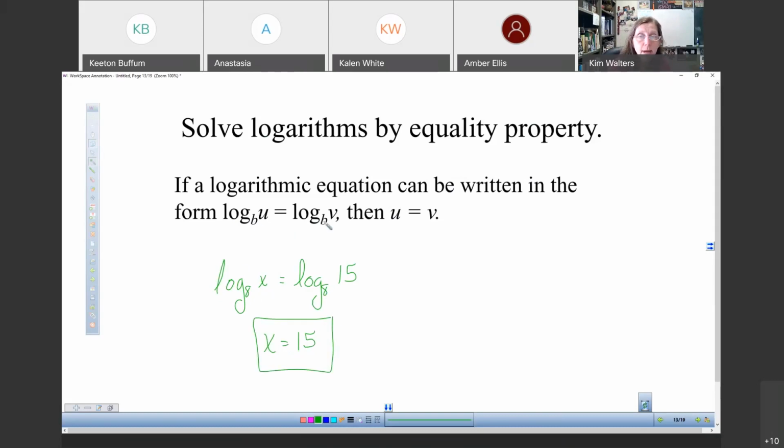If my bases are the same, then I take whatever I'm having the logarithm of, and I set those equal to each other. Then I would solve for x, and there's going to be more to it than just saying x is equal to 15, okay? Like I said, sometimes we have to condense the logarithms on one side in order to do this. So this is method number one. Let's look at some examples of this.